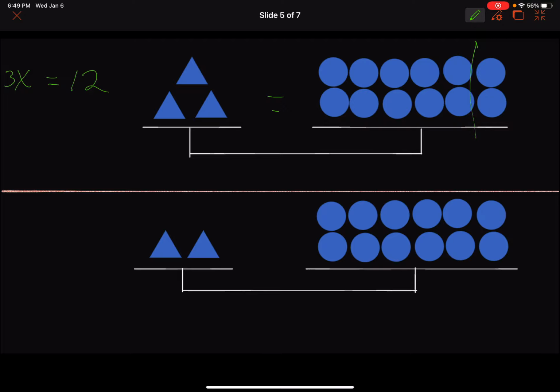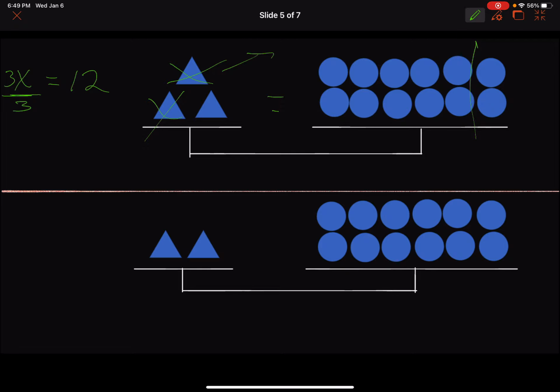Now I want to see how much one triangle is equal to. So I am going to divide this side by 3. When I divide that side by 3, 3 divided by 3 is equal to 1, so these are going to go away.